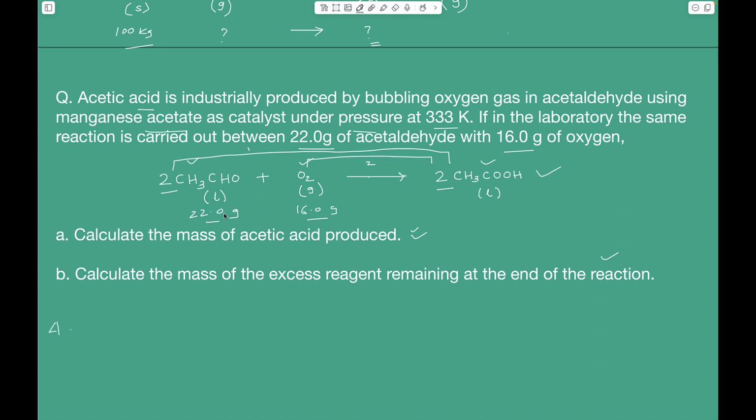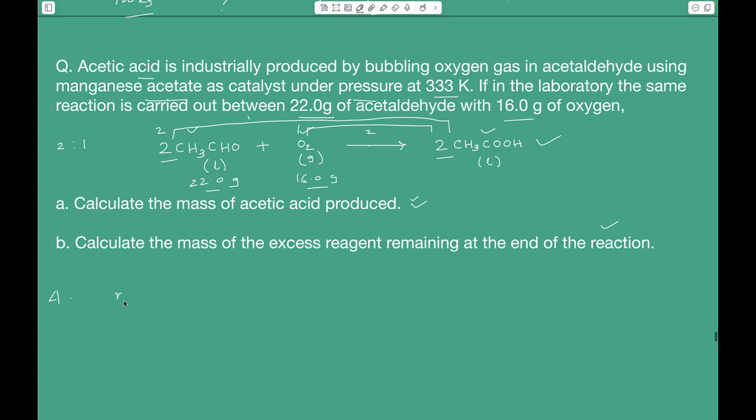Simple. Convert the given masses into the number of moles and take the ratio of the number of moles taken and compare it with the ratio of their stoichiometric coefficients. The ratio of their stoichiometric coefficients is 2 to 1. Now what is the ratio of the number of moles? We are given masses. To get the number of moles, you have to divide the given mass by its molecular weight expressed in grams.